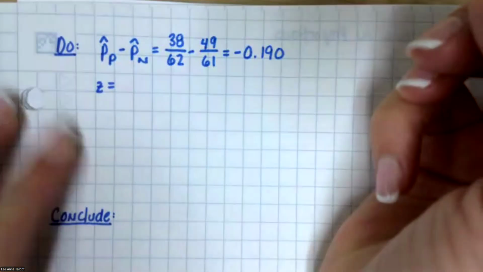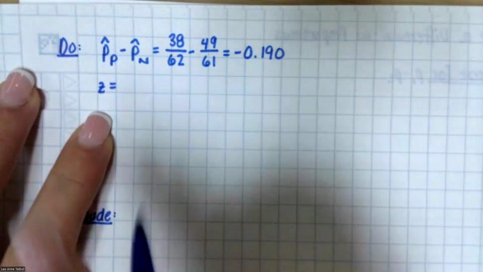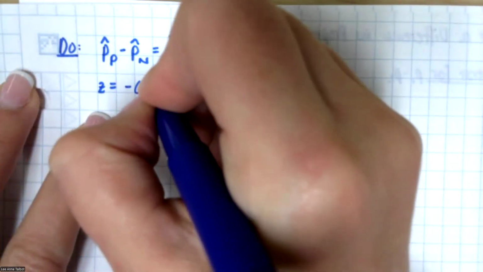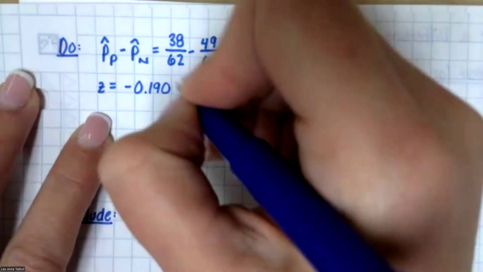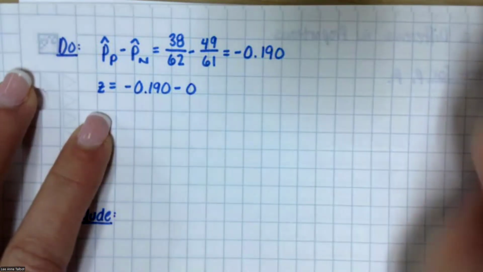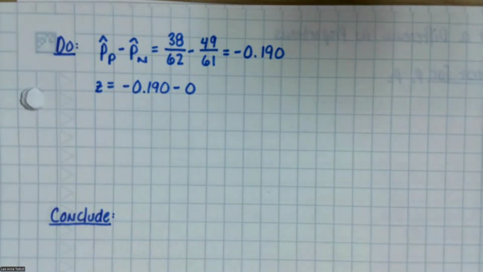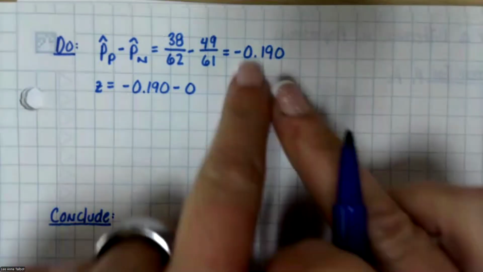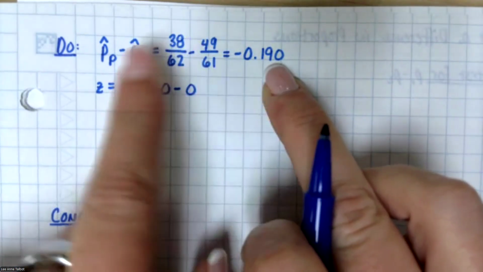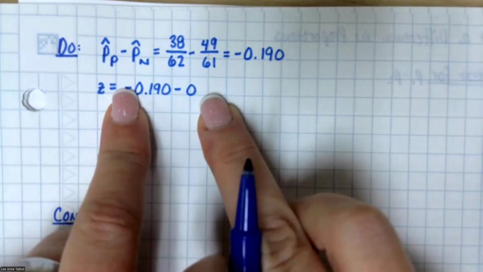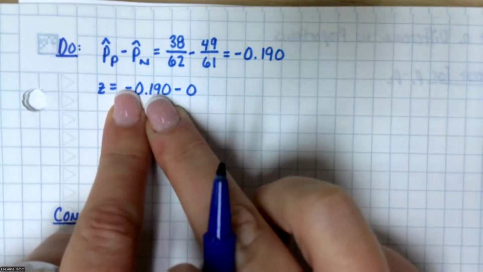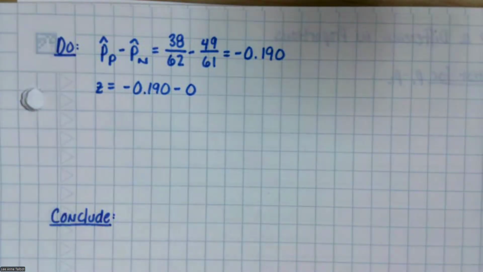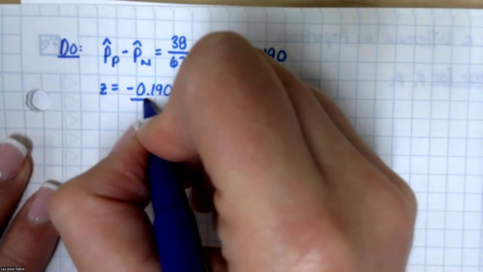Okay. All right. Z equals. This is my statistic. So negative 0.190 minus the parameter. Remember, the parameter is what you're assuming, which is no difference, so 0. I really don't want you to think that this number is like this minus this. This number is just the front, and then minus 0 specifically, over.